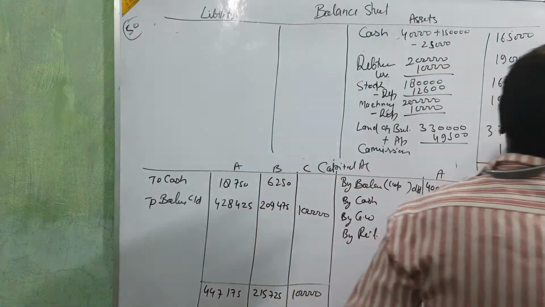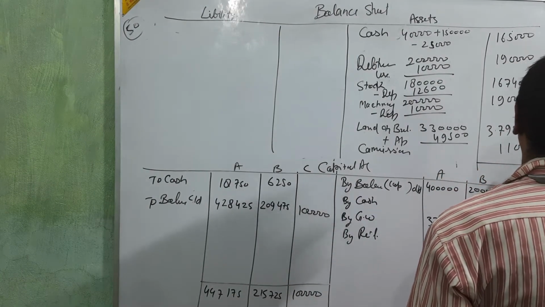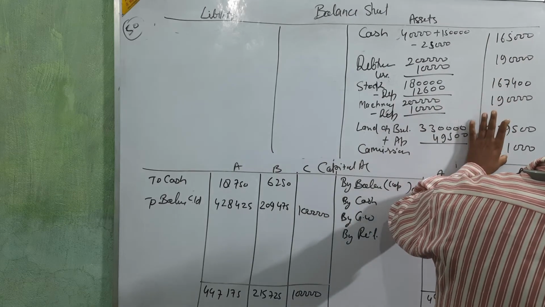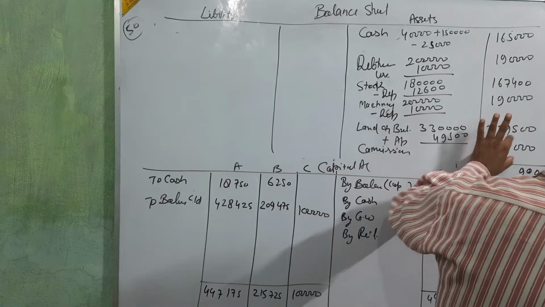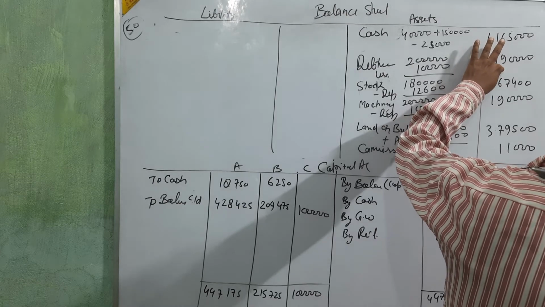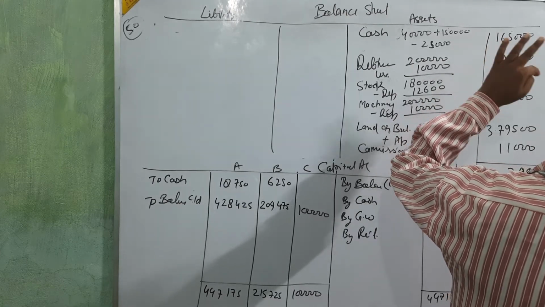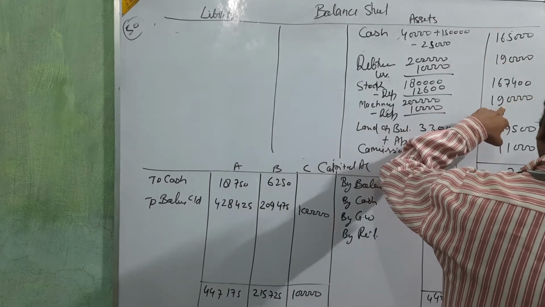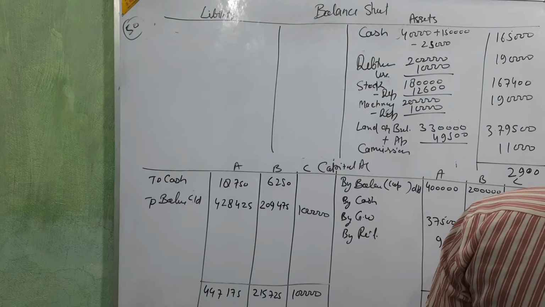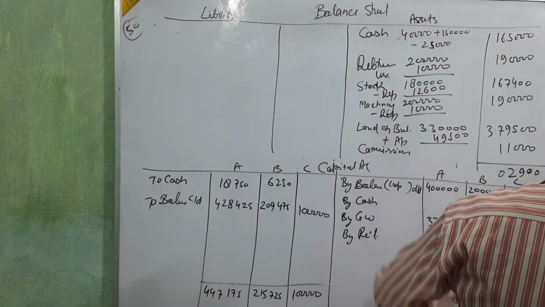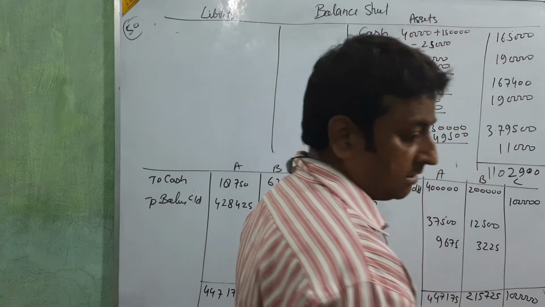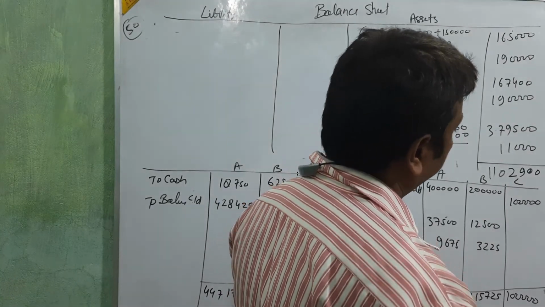Now we are going to take the total. Just see, adding these up, it's coming 11,02,900.